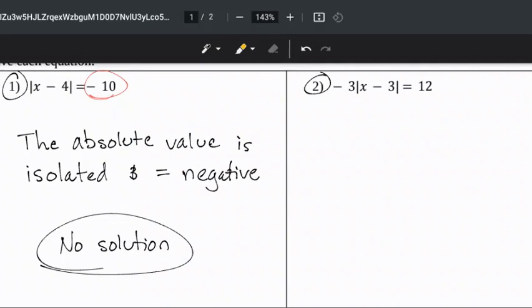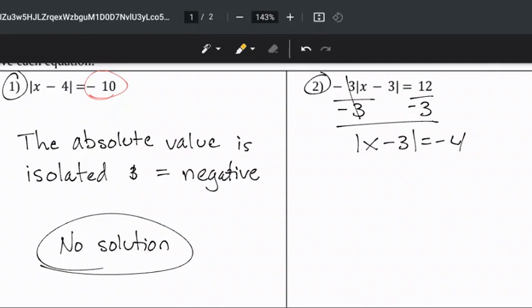All right, let's take a look at number 2. As always, we want to isolate the absolute value bars, which means we need to get rid of this negative 3, which is next to the absolute value, which means multiplication, so we must divide by negative 3. Those cancel out. We're left with the absolute value of x minus 3 equals negative 4.